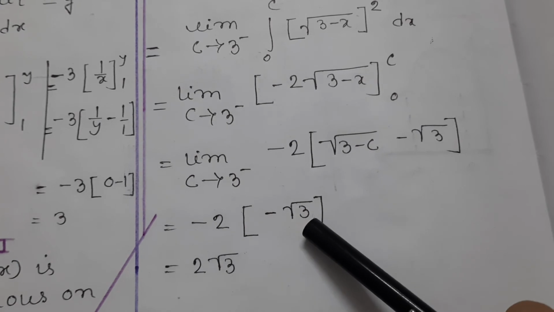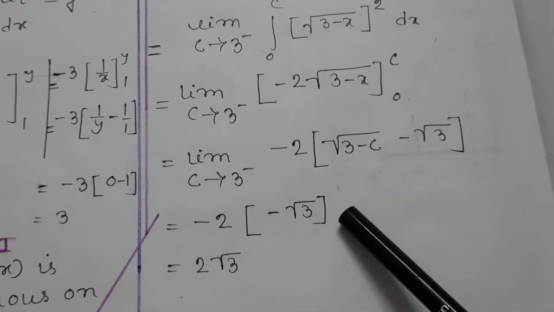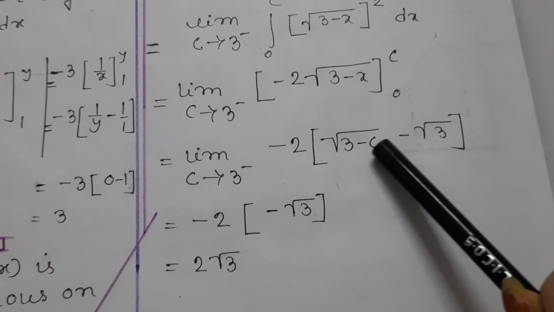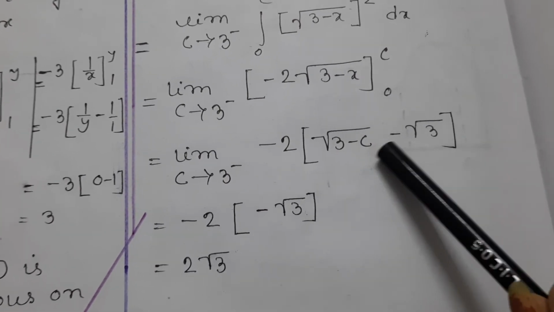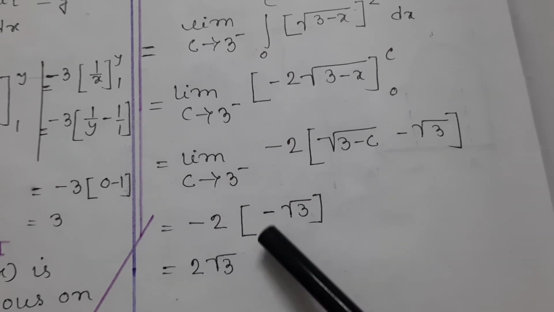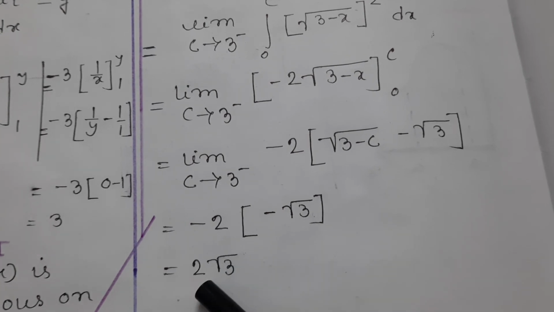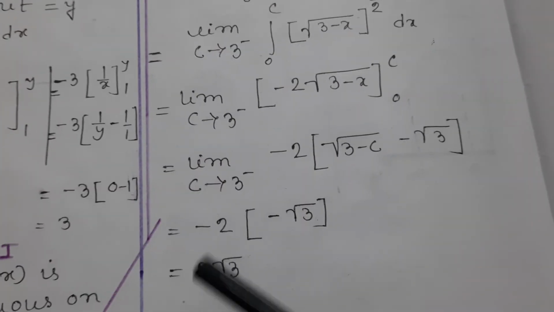The value of c is 3, so 3 minus 3 is equal to 0, which leaves minus root over 3. So minus 2 into minus root 3, that means 2 into root 3. So the answer is this.